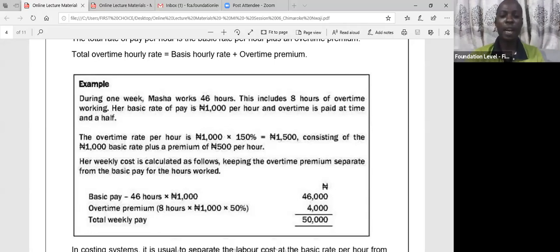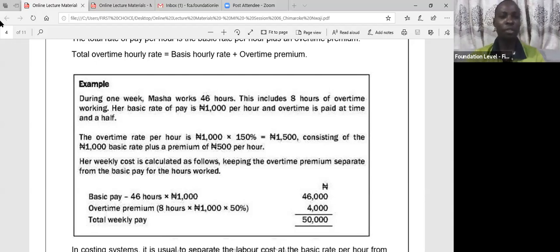They will calculate 38 hours times 1,000, which gives 38,000. And they will say the remaining 8 hours times 1,000 times 150% gives 12,000. So this is what they will say is the overtime rate.